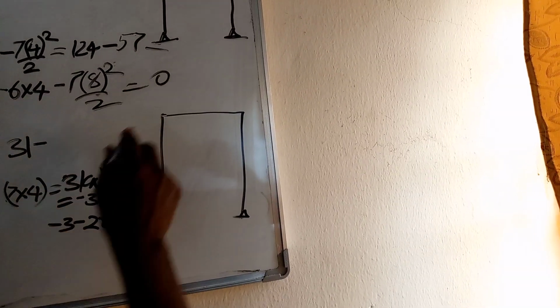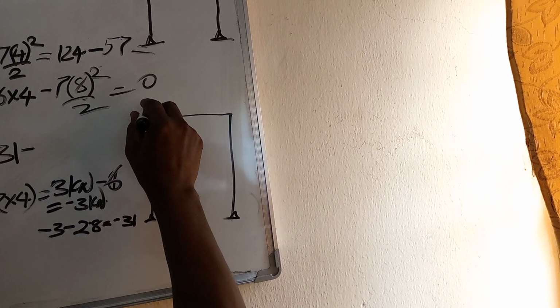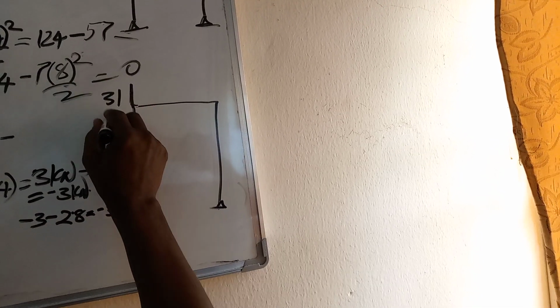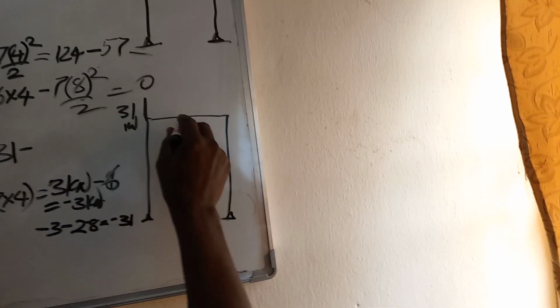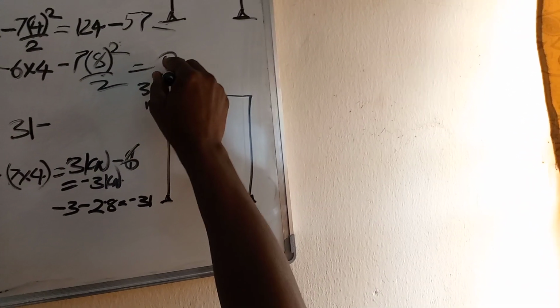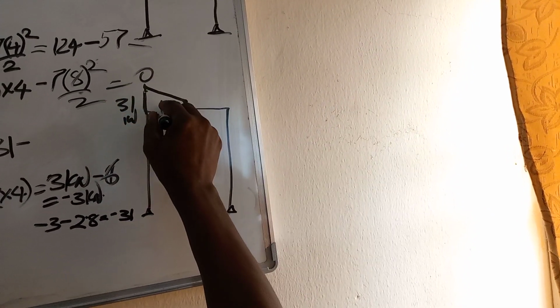So the shear force diagram looks this way. From A to C, there's no shear force. At D, the shear force is 31 kilonewton. It starts to reduce. At the middle, it reduced to 3. This is positive.